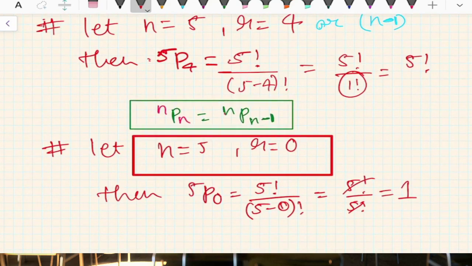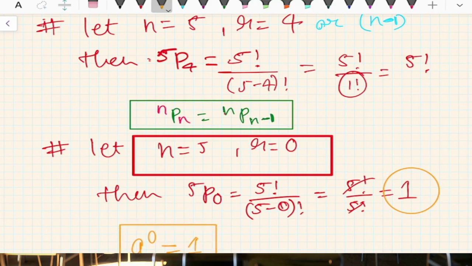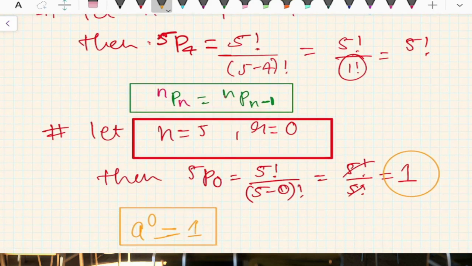This is a really important scenario, because whenever there is a case where you do not do any arrangement, there is one possible arrangement, one possible case, and that case is you are not doing any arrangement. So we always wonder why anything to the power 0 is 1, and it has its application from this concept.